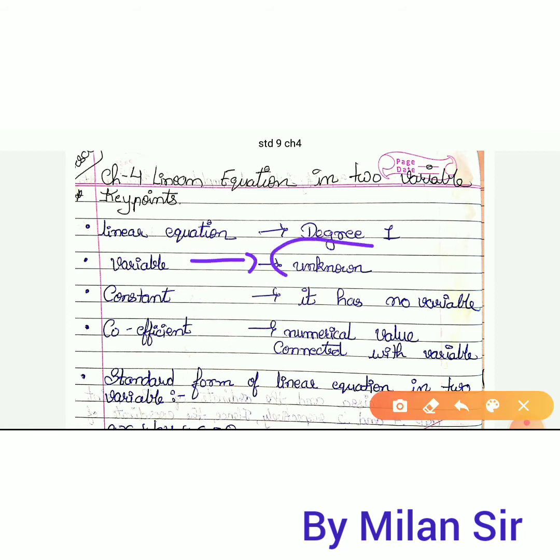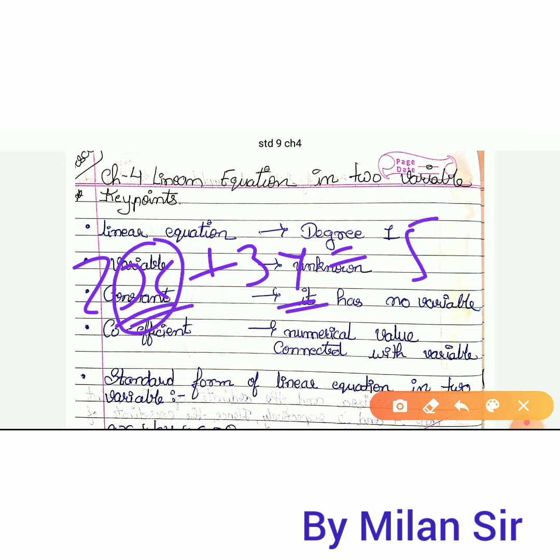Variable also means unknown. If I write again this equation 2x plus 3y is equal to 5, then here we don't know the value of x and we don't know the value of y. This is called a variable. The value of x and y is not fixed, we can change the value.